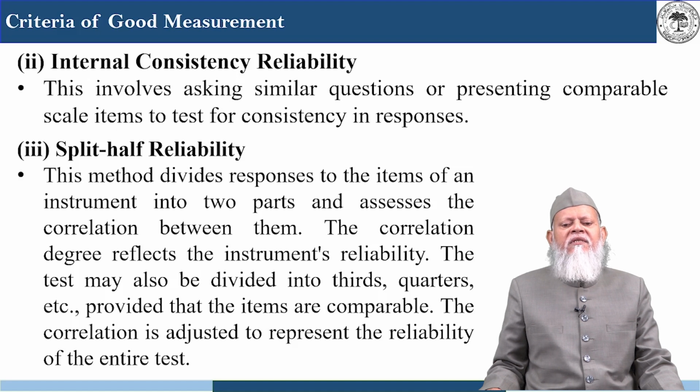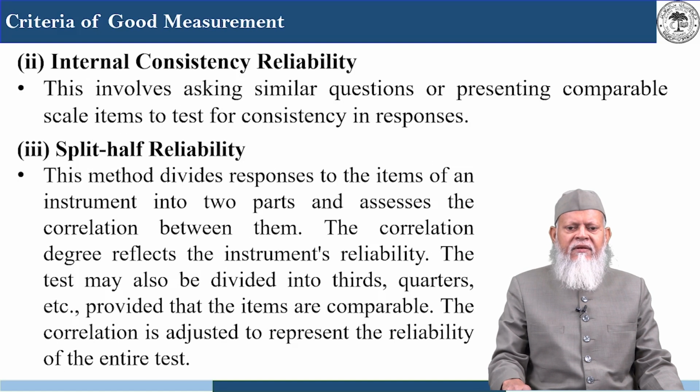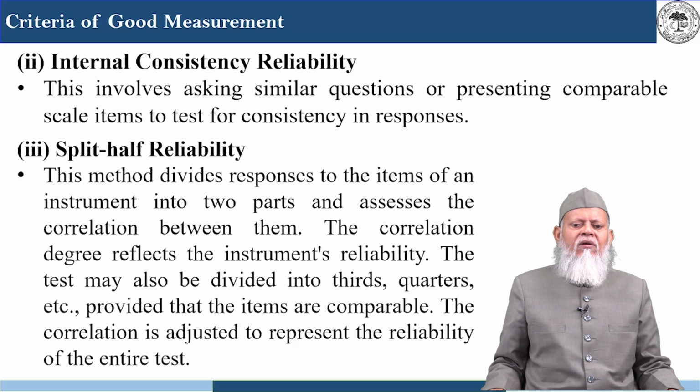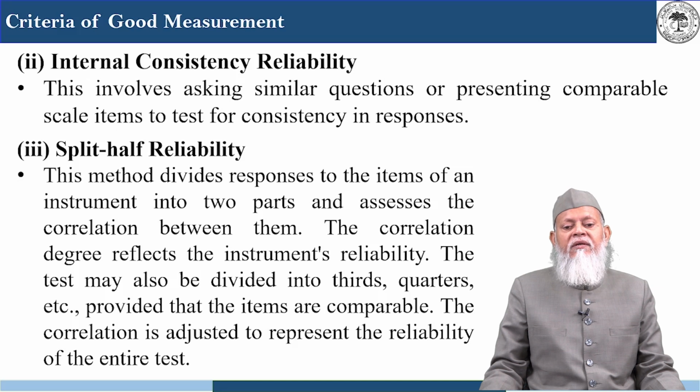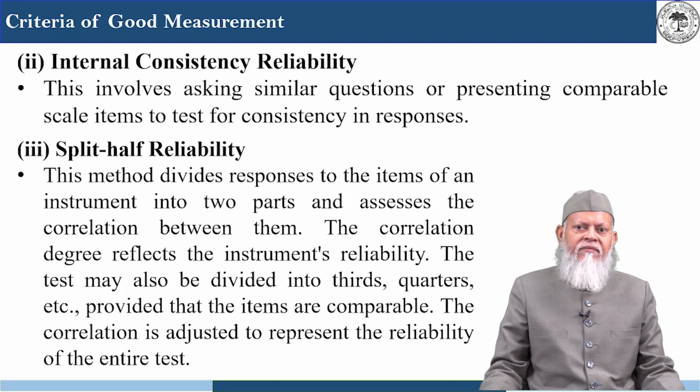The correlation is adjusted to represent the reliability of the entire test. So here the correlation between the two parts of the instrument is checked. The correlation degree reflects the instrument's reliability.